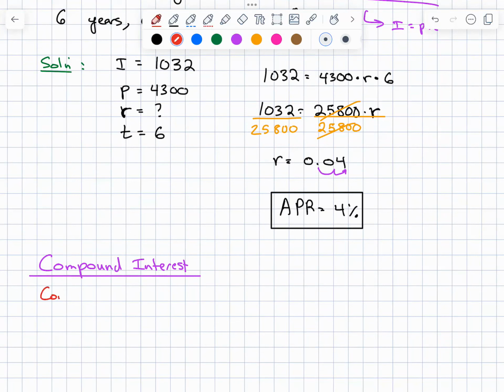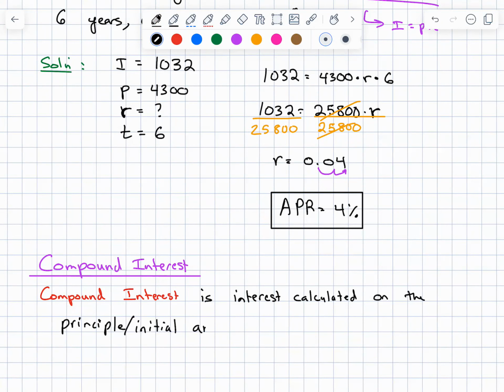So compound interest is interest calculated on the principal, or initial amount, and accumulated interest over previous periods.